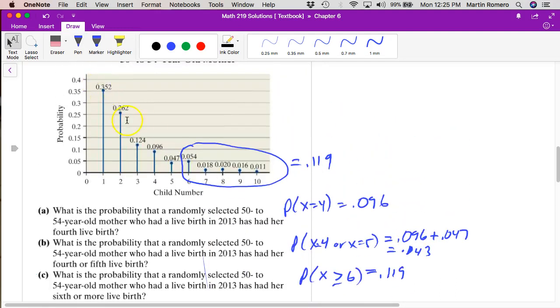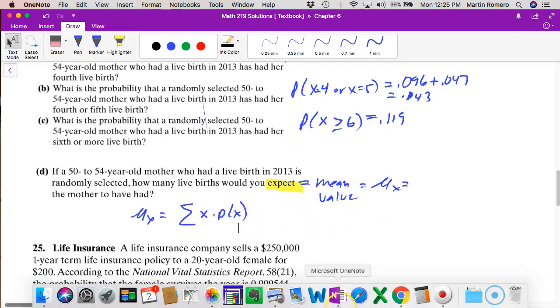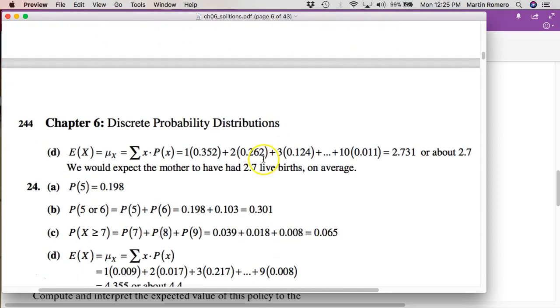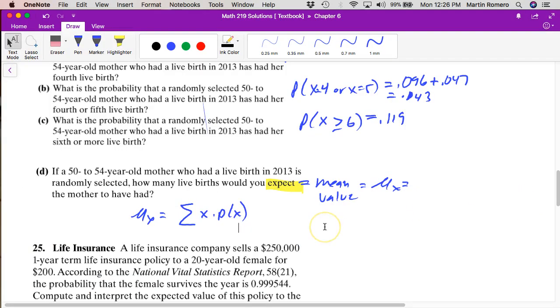We don't have these numbers in the calculator, so we could either put all of these numbers into StatCrunch, or go ahead and put those together. There's the math right there. You add all those up, and you get 2.731.